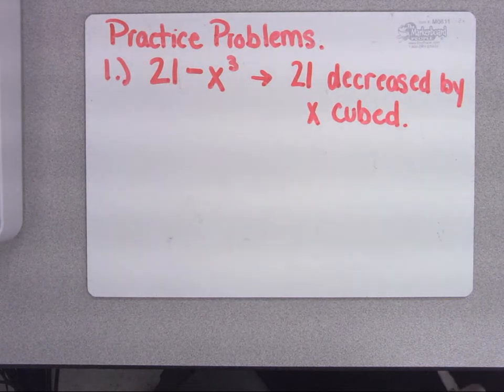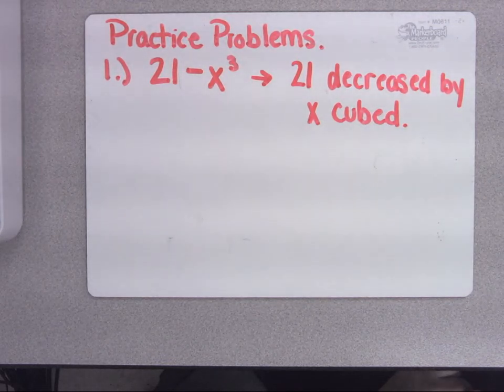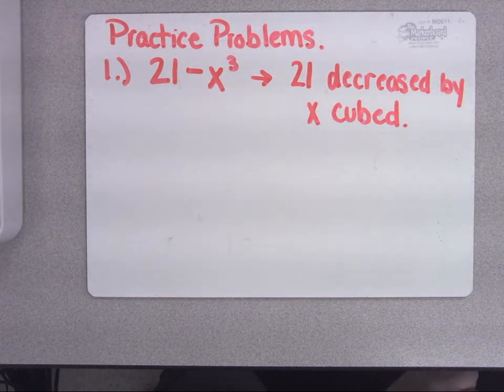Anyone have something different they would like to share, and see if you guys agree. Remember, you could use take away. You could use less than, but if we use the word less than, our order is going to be a little funky. You can use the word the difference of, right?